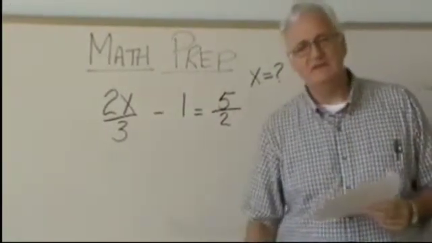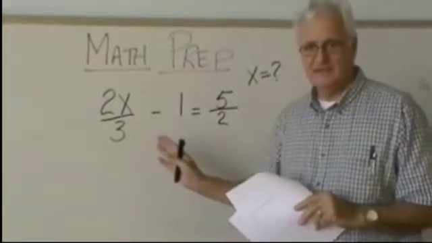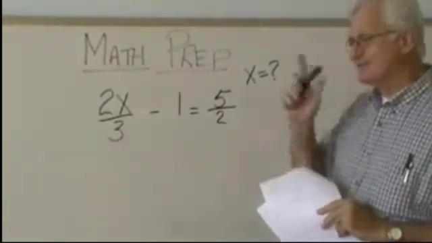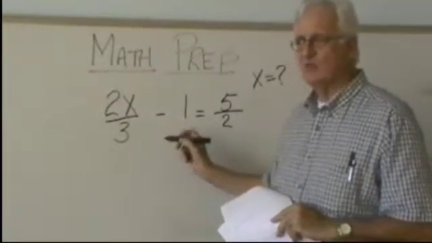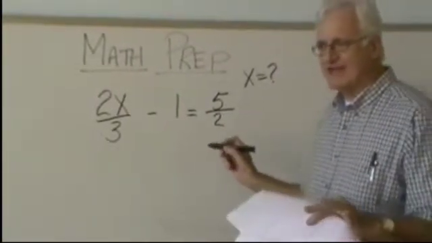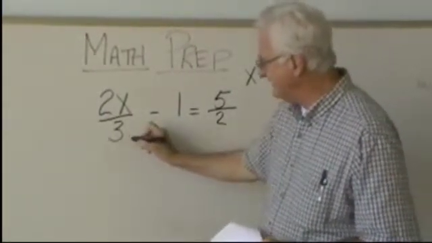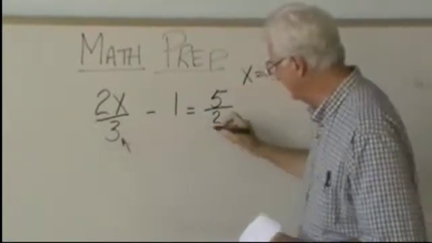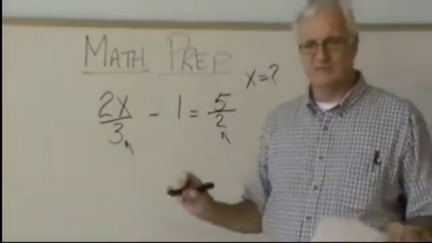Okay. What we have here is a basic transposing problem. And the trick on this one, we see one of this category on every AccuPlacer test. So this is a basic skill. It's called eliminating the denominator, getting rid of the bottom numbers, so you may have a simple transposing problem.